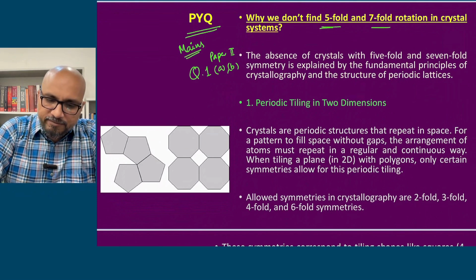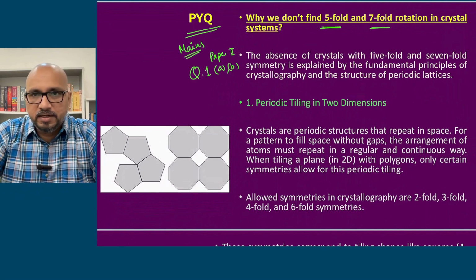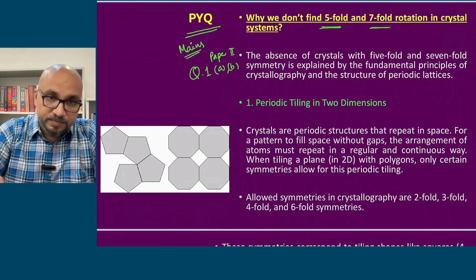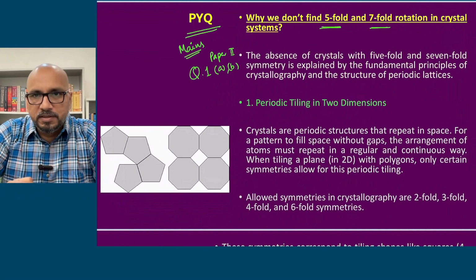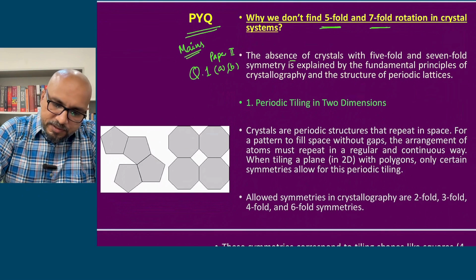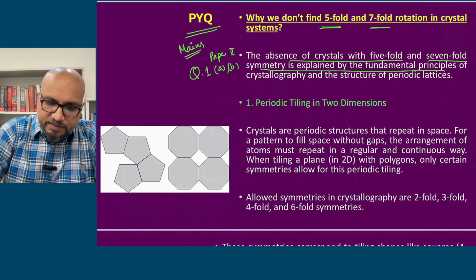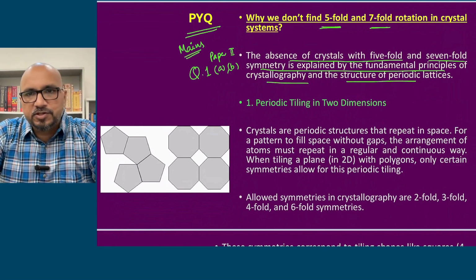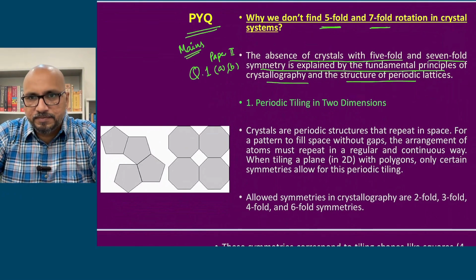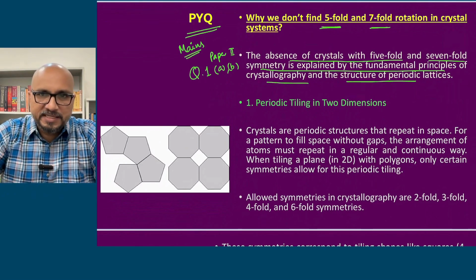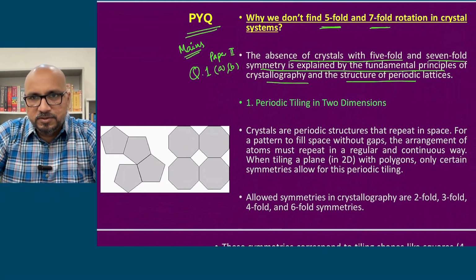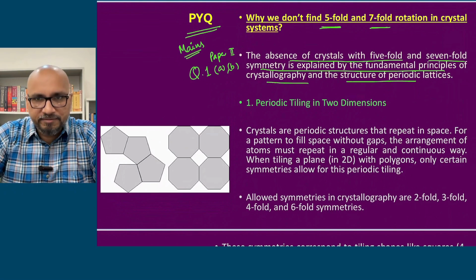So we don't find 5-fold, 7-fold, 8-fold or higher fold rotation systems because it is not possible to make a crystal with these symmetries without any gap. So the absence of crystals with 5-fold or 7-fold symmetry is explained by the fundamental principles of crystallography and structure of periodic lattices, right? So your unit cell repeats in all direction in the lattice. So there will be gaps left if we have 7-fold or 8-fold or 5-fold symmetry.